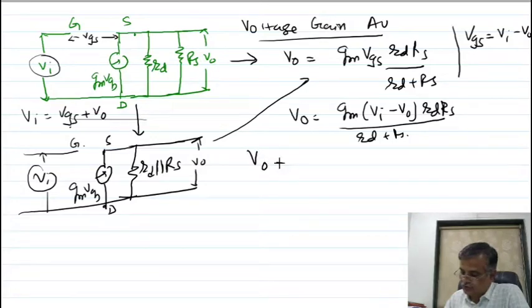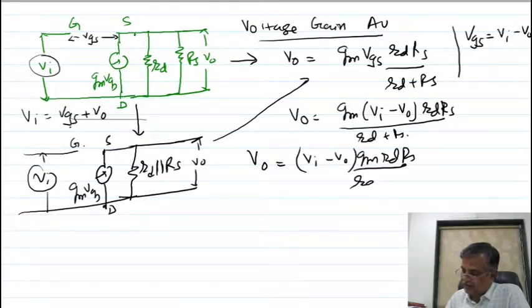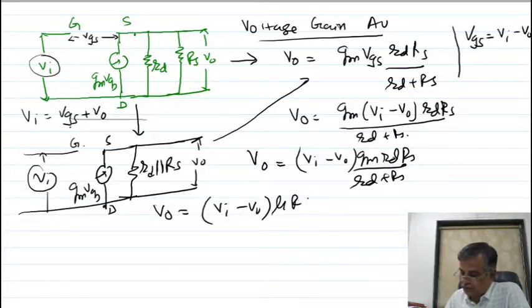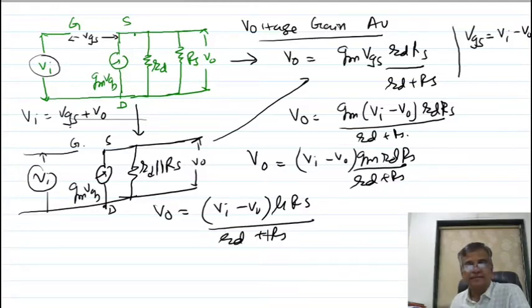So Vo is equal to Vi minus Vo GM RD RS upon RD plus RS. So I can write Vo is equal to Vi minus Vo GM into RD, which is called mu, RS upon RD plus RS.